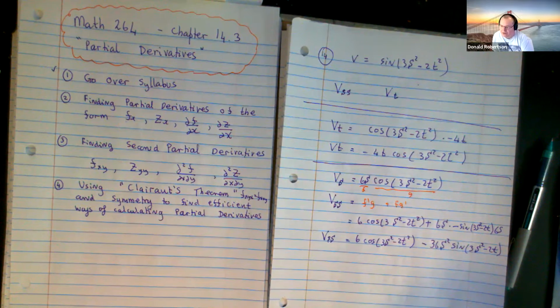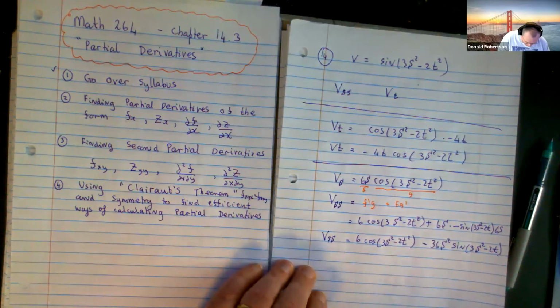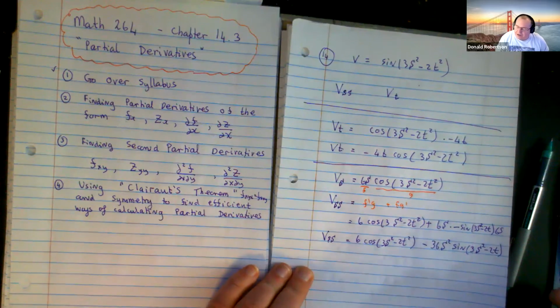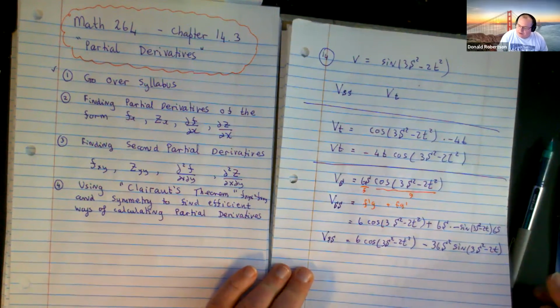So if you recognize it's symmetric, you can save yourself a bit of work. If you want to use Clairaut, isn't it sometimes easier to do one order than the other? Do ST before you do TS, whatever it might be. In many cases, it isn't going to be of any great help to you, because they're ugly no matter what order you do it. And that's okay.